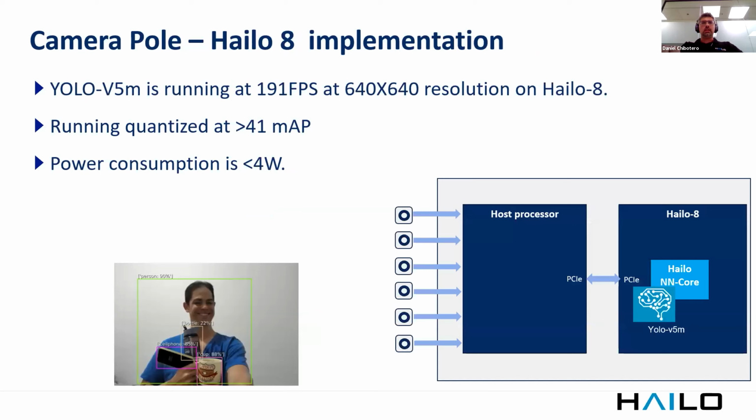Our implementation on Hailo 8 for this product was running YOLO v5M at 191 FPS at 640 by 640 resolution. The quantized accuracy of our quantization algorithms is higher than 41 mAP, and the power consumption is lower than 4 watts.